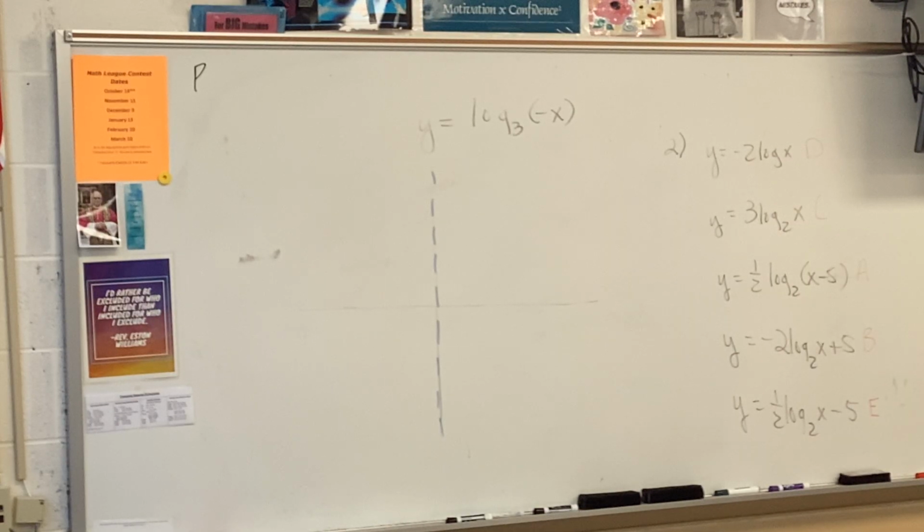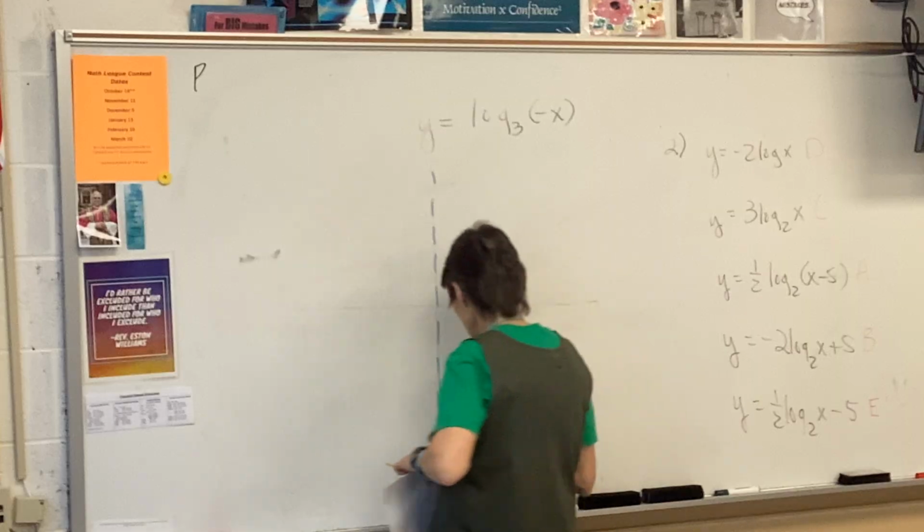Where's the vertical asymptote in number 1? x equals 0, that hasn't changed, right? The asymptote of a logarithm is always gonna be at 0 unless you do what? x plus 5 or something. The x-intercept for a normal logarithm is gonna look like this.